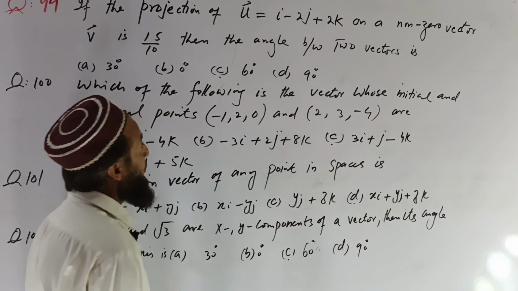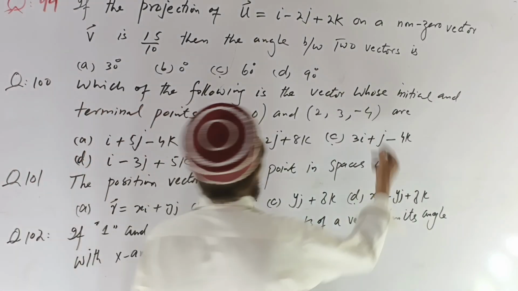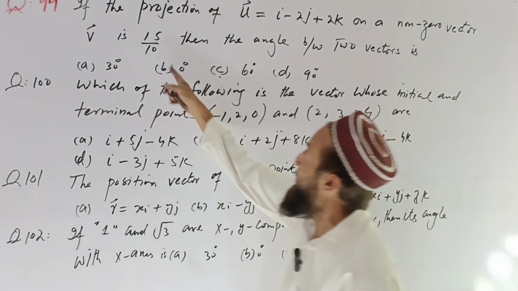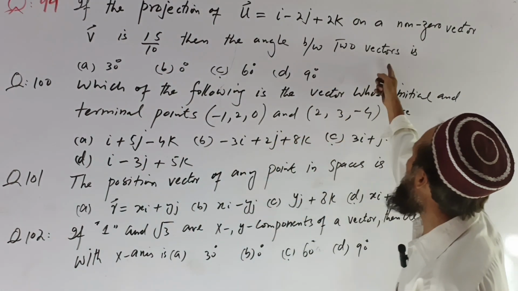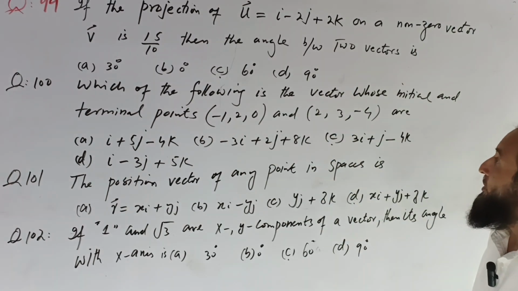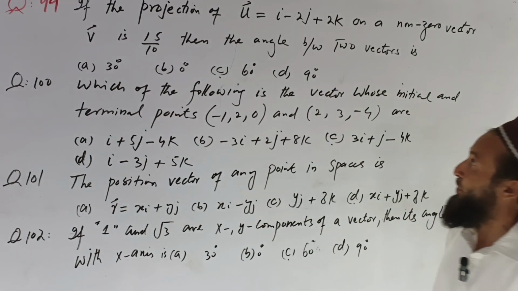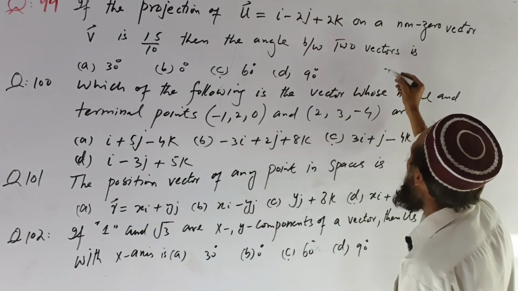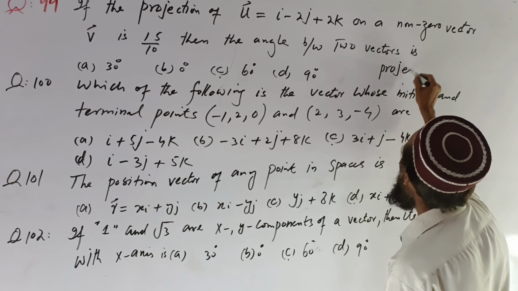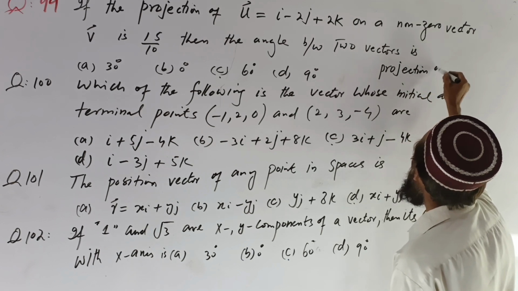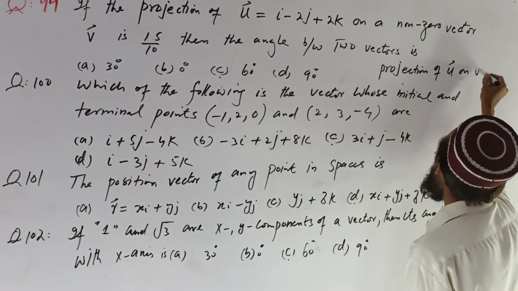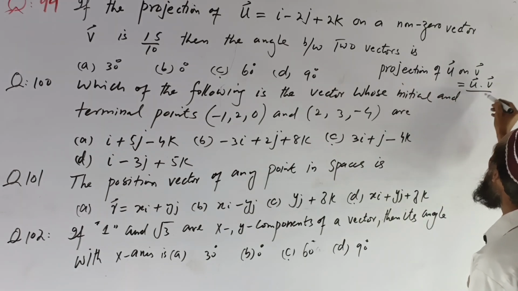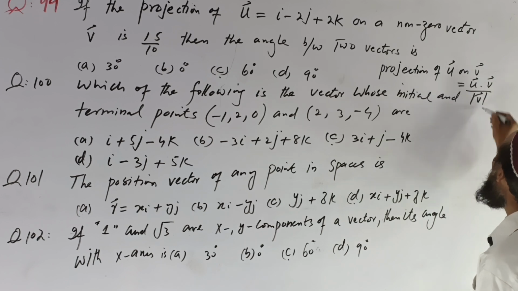The projection of u on a non-zero vector v is 15 divided by 10, then what is the angle between the two vectors? According to the definition of projection of u on a non-zero vector v, we can write the projection of u on v is equal to u dot v over v magnitude.